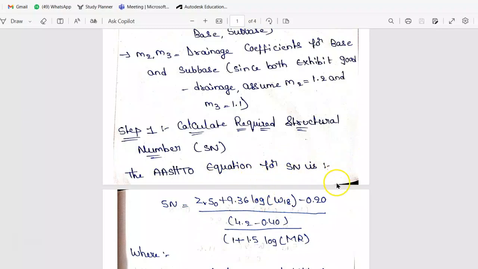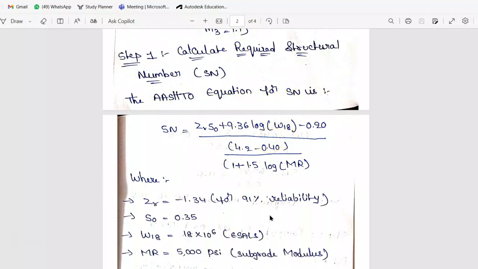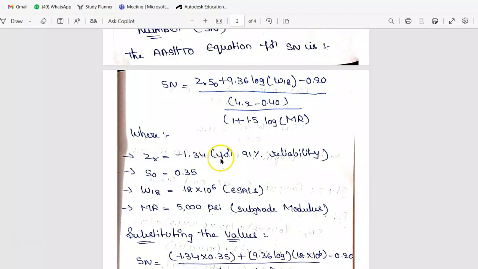The AASHTO equation for Sn is log W18 equals ZR times SO plus 9.36 log (Sn plus 1) minus 0.20, plus log of (delta PSI divided by 4.2 minus 1.5) divided by 0.40 plus 1094 over (Sn plus 1) to the 5.19, plus 2.32 log MR minus 8.07, where ZR equals minus 1.34 for 91% reliability, SO equals 0.35, W18 equals 18 times 10 to the power 6 ESALs, and MR equals 5000 psi subgrade modulus.